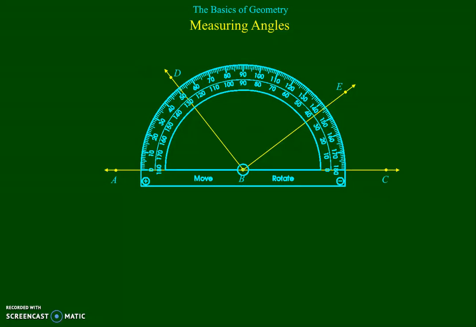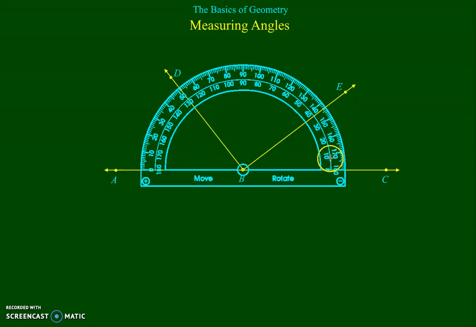Now, the way we read this is this angle is clearly a small angle. So we're not going to be using this outer scale. For smaller angles, we're going to use this inner scale when we measure from right to left. So on the right hand side, we're using this inner scale.